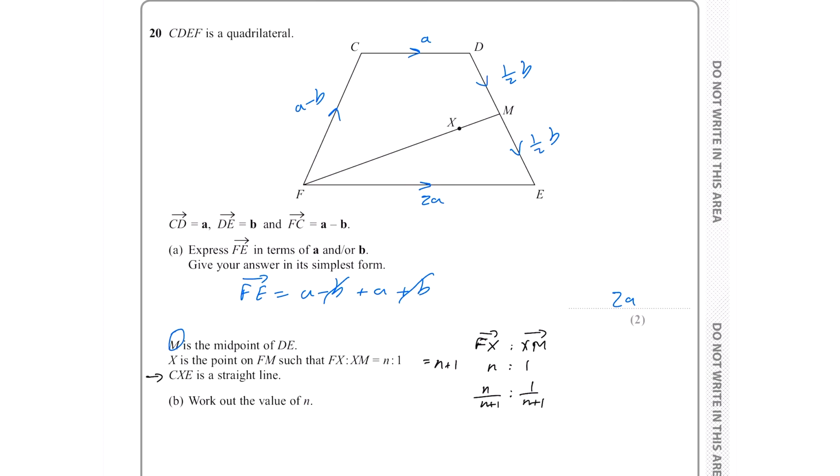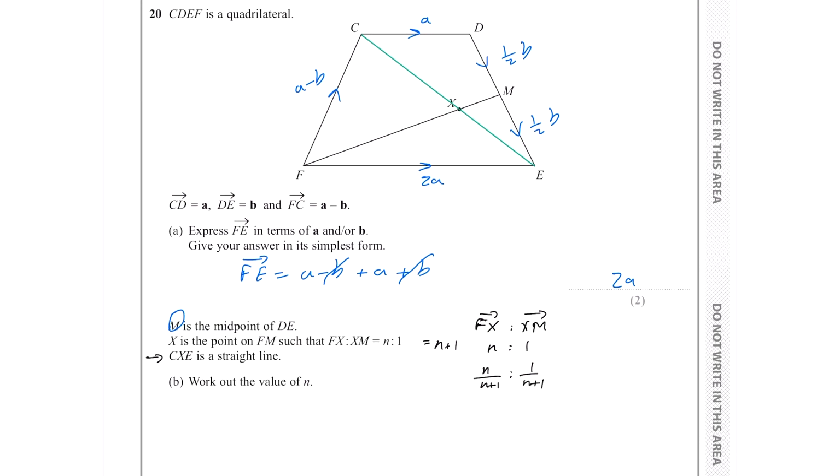CXE is a straight line, so let's draw that on. CXE is a straight line. Work out the value of N. So this is by far the trickiest question on this paper. So because they've told us CXE is a straight line, we do have some interest in CXE. So we'll first start by looking at C to E, which is going to be this plus this.